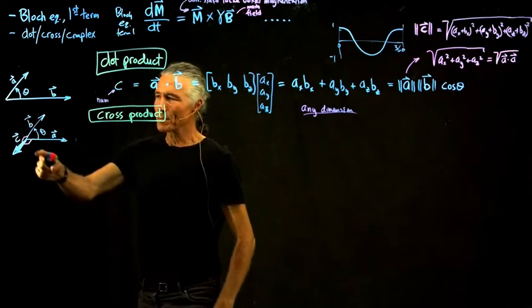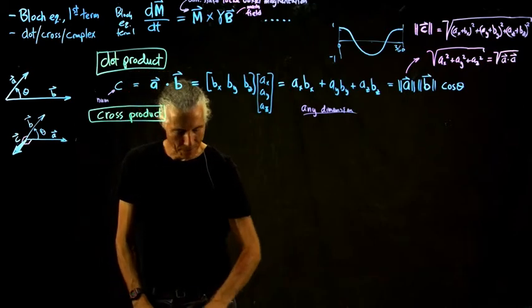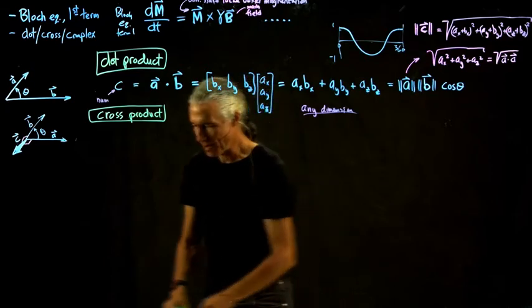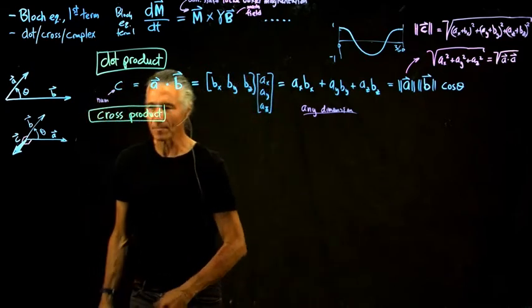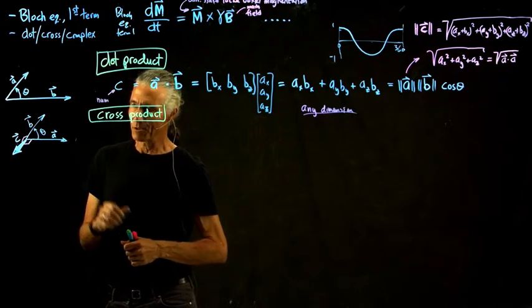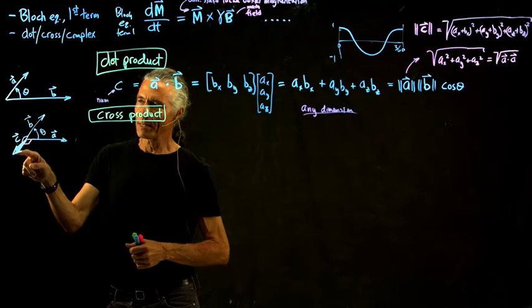Now the problem, you might notice, it could be perpendicular the other way. So how do you figure that out? You figure that out with the right hand. There's another right hand rule, and it's a useful one for figuring out what direction the cross product points in.